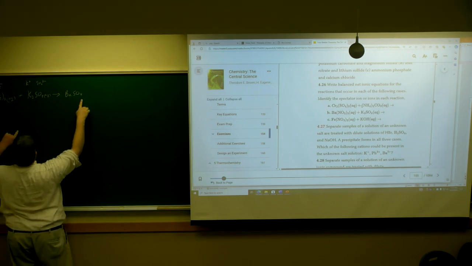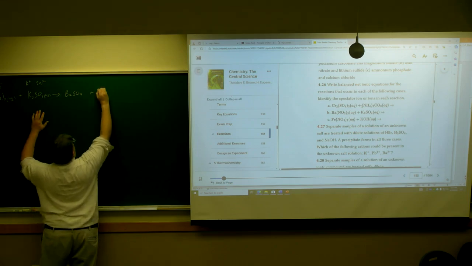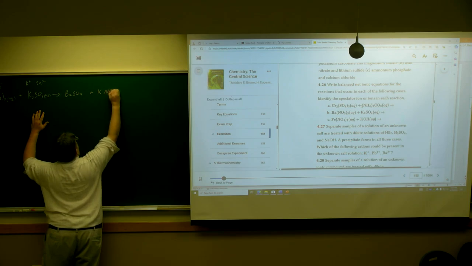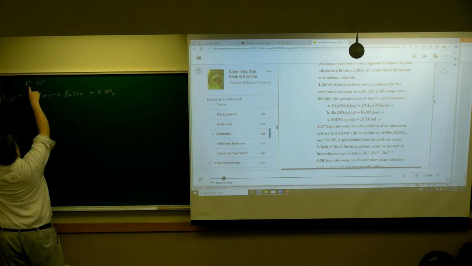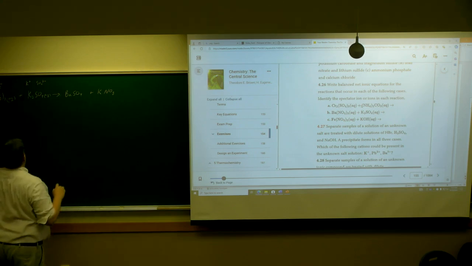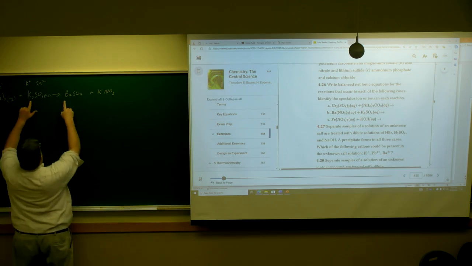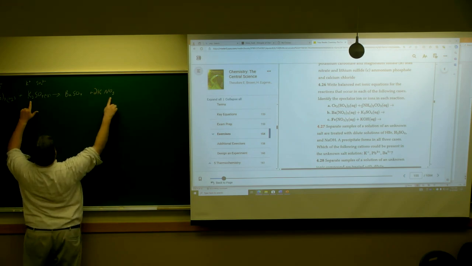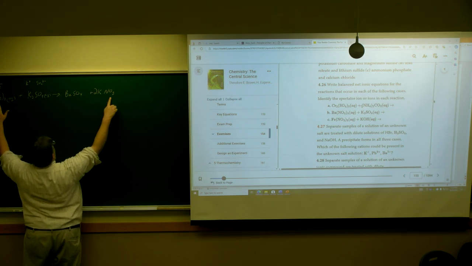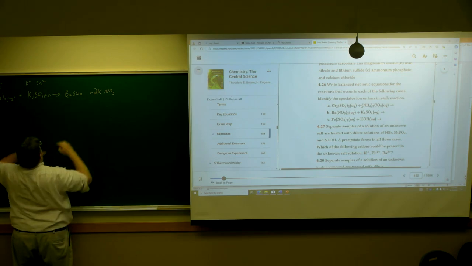I don't need any more subscripts. And then potassium nitrate. That's -1 and that's +1, so that's balanced as it is. I know I need 2 potassiums here, so I'm going to put a 2 here. That makes 2 nitrates, but I have 2 nitrates there, so that's good. 1 Ba and 1 SO4, that's balanced now.